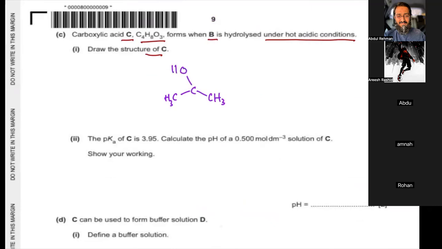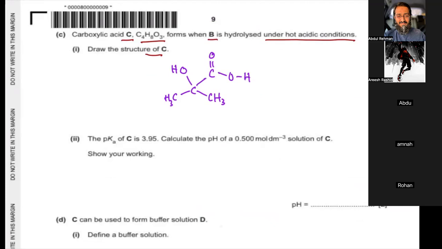There is an OH bonded to it, and there is a CN. So that CN is actually turned into a carboxylic acid. Now, if you see, you have 4 carbons, 3 oxygens, and 8 hydrogens, right?